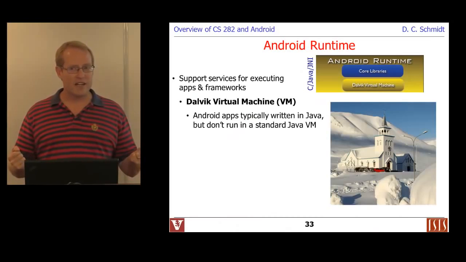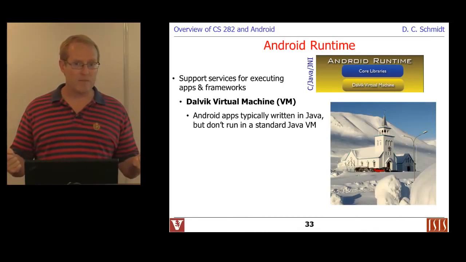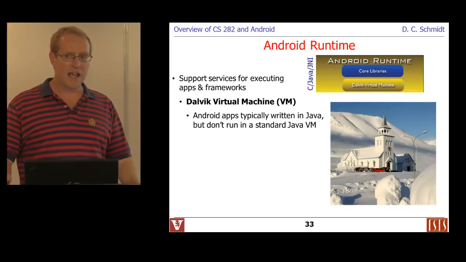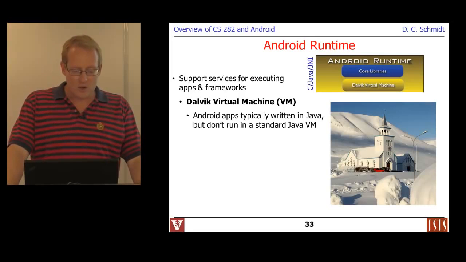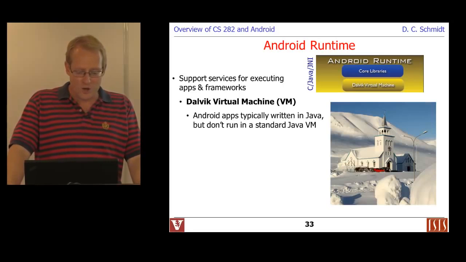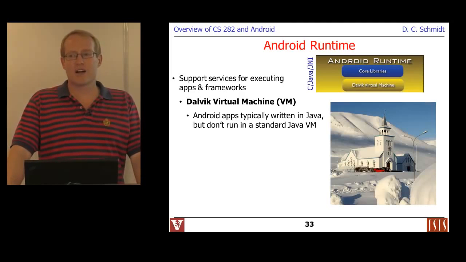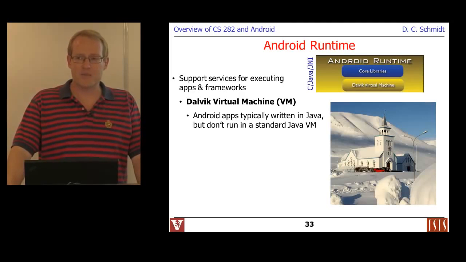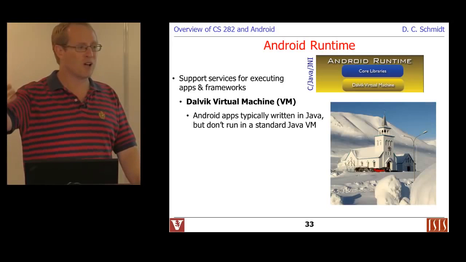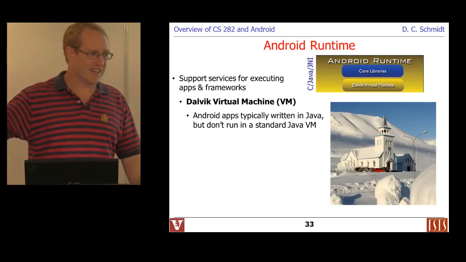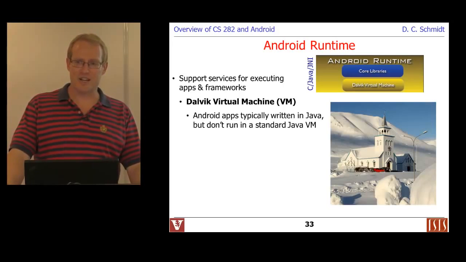Another set of things that they have in Android is the Android runtime. This is basically Dalvik, and it's the class libraries. As you undoubtedly know, Android applications are developed using Java, but they don't run in a standard Java virtual machine, which, by the way, was the subject of a whole other lawsuit between Oracle and Google back in the day after Oracle bought Sun.